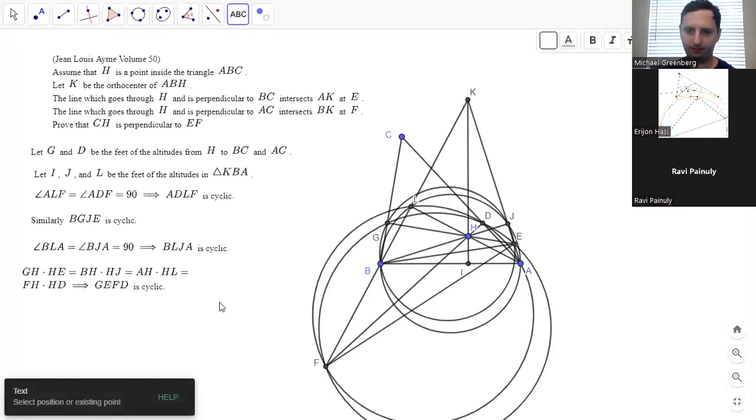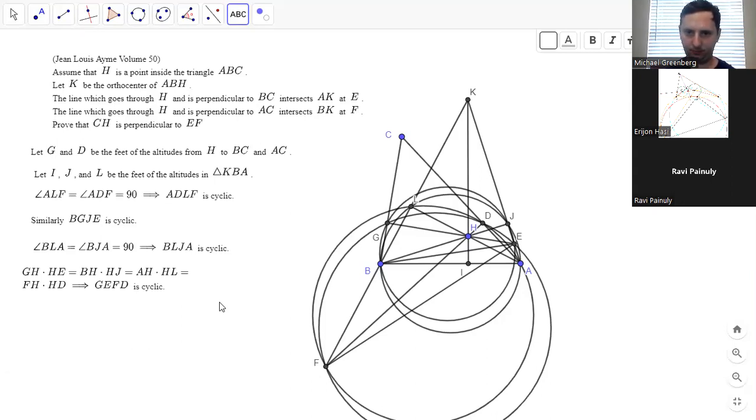Because the angle that CH makes with EF is the angle that CH makes with GD plus the angle that GD makes with EF. And then combining those two, that's kind of how you get it.